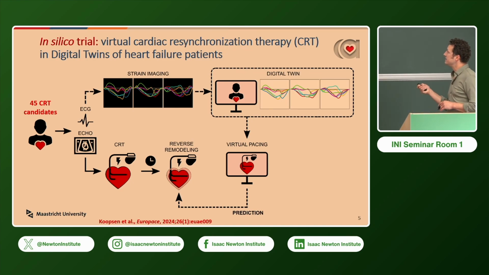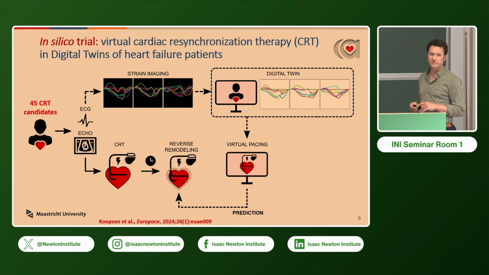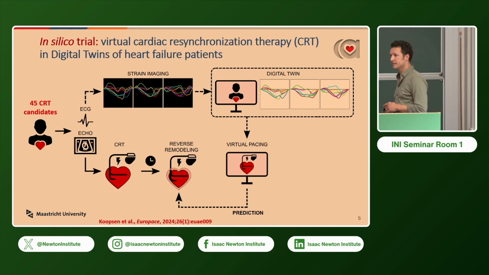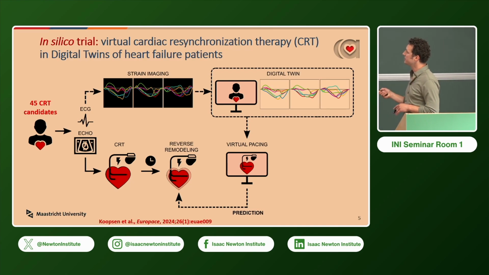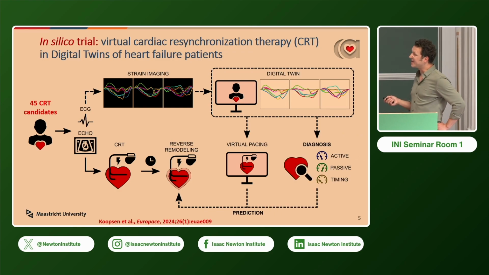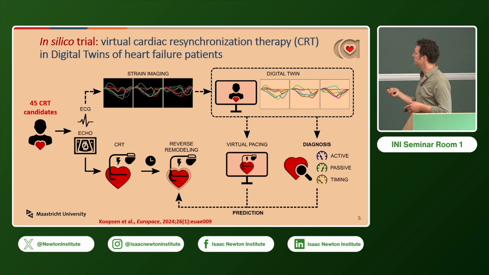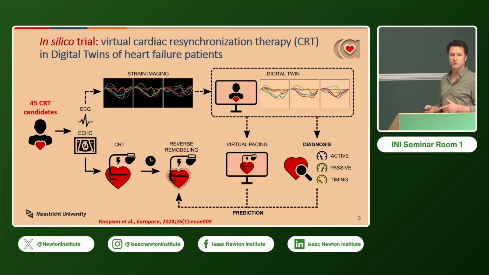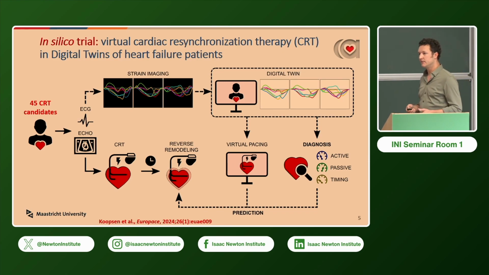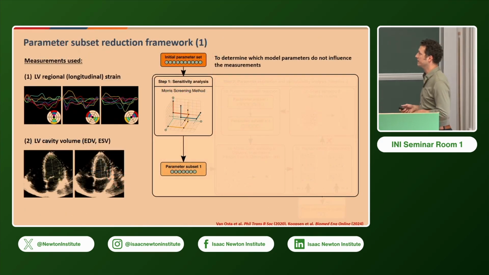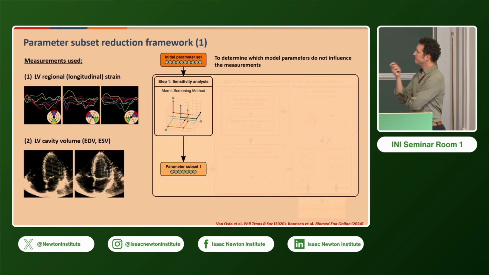Then in these digital twins, we can apply the pacing which we assume to be the case in those patients, and see if the response in the virtual patient correlates to the reverse remodeling after 6 months of therapy. If that's true, that's quite nice, because then you can do more in-depth phenotyping, since you estimated active and passive tissue properties and also timing. But timing you would get from an ECG anyway. So this is the information that we have available clinically, and that's what we want to fit with this approach.